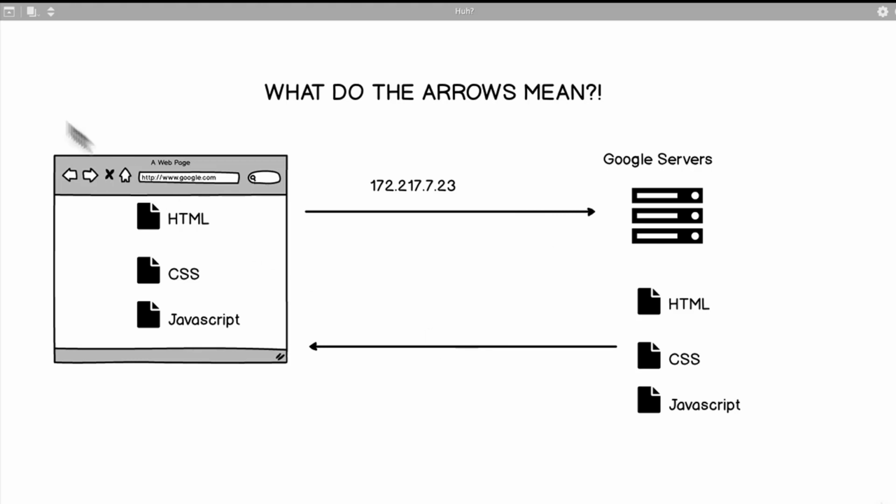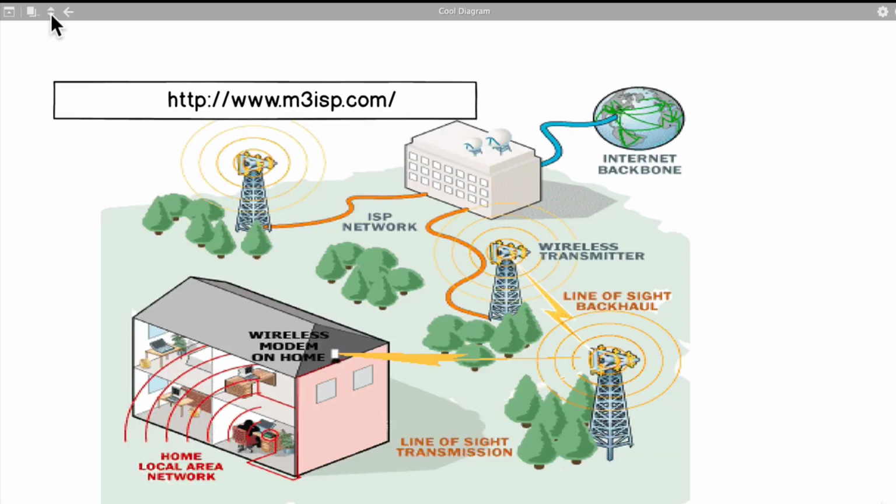We're going to do that with this really fuzzy diagram that I found online. It's not the clearest picture, but it has some really important things, so I want to use it to demonstrate what the internet backbone is.